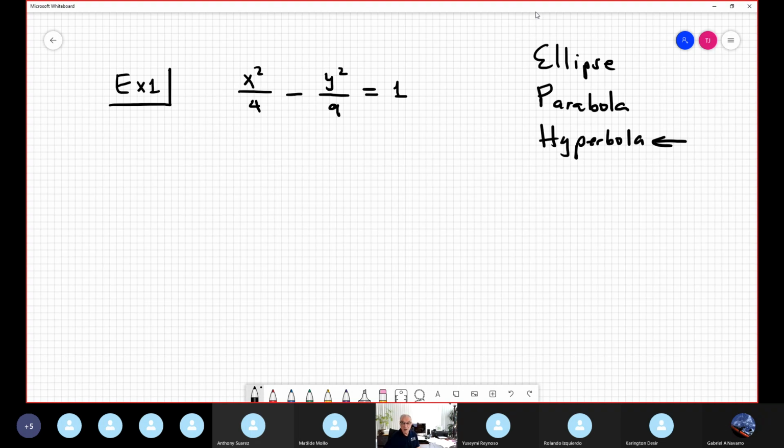Okay, what kind of hyperbola do we have? Horizontal or vertical? Or another way to ask the question: is the transversal axis parallel or coincident with the x-axis or the y-axis?